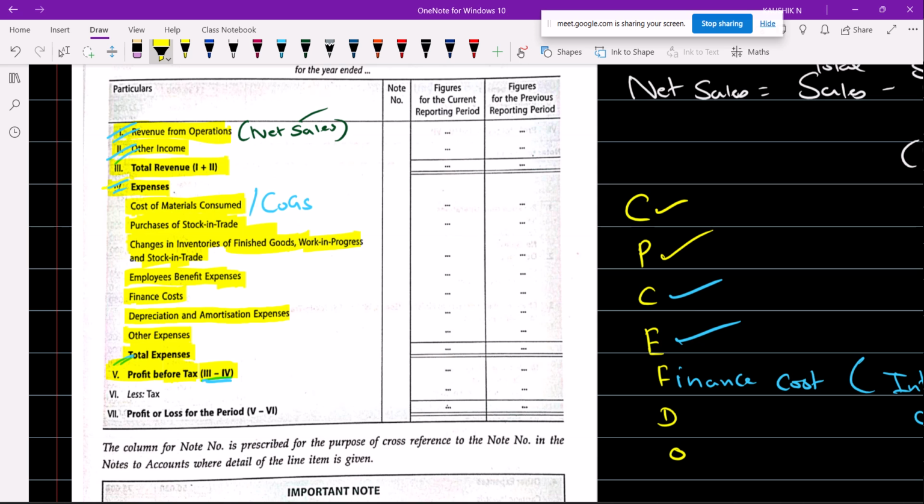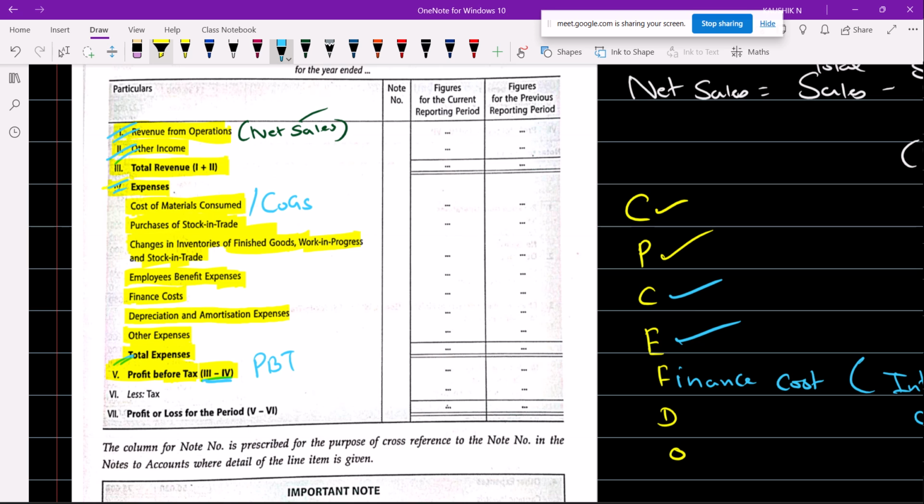So once there is a profit, you'll have to declare it as profit before tax. You'll be learning this in your BS also, under financial markets. This is shortly denoted as PBT. PBT is profit before tax.